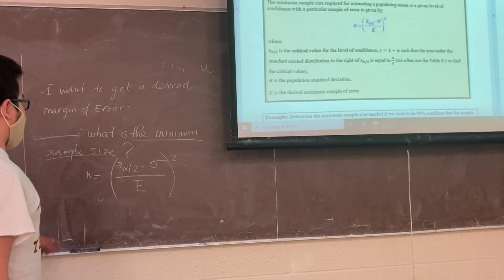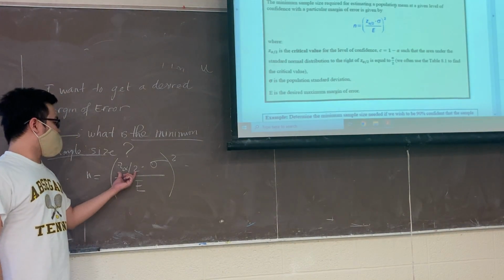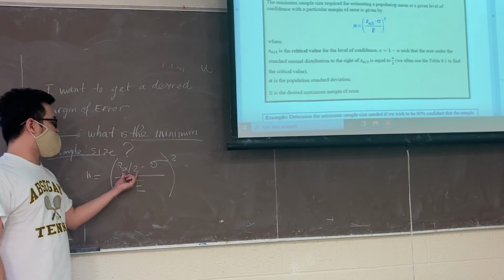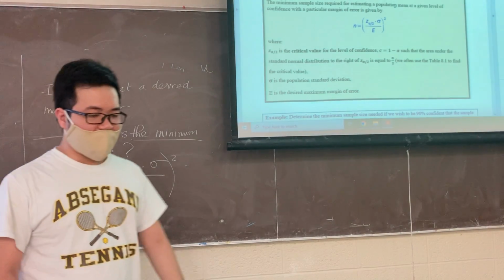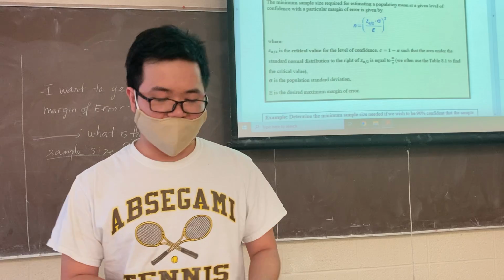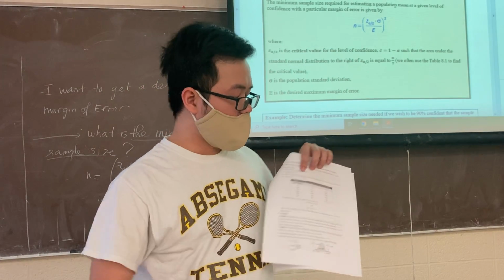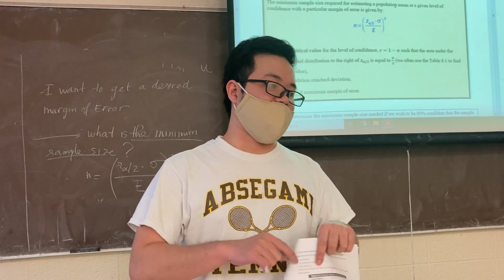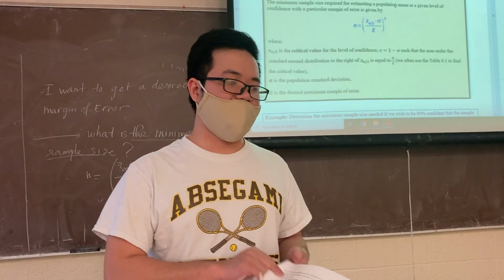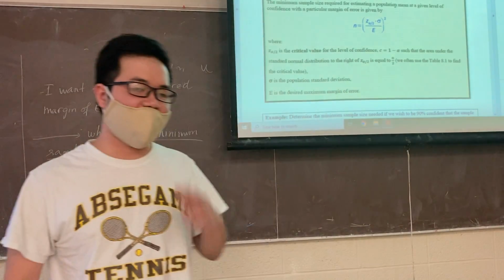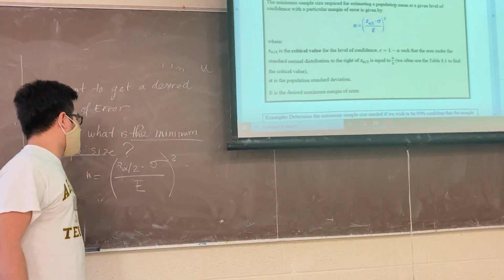You know how to find Z alpha over 2 if you know the confidence level. Last time you saw that you can find Z alpha over 2, the critical value, using table A.1. If you know the confidence level, you can find the critical value.